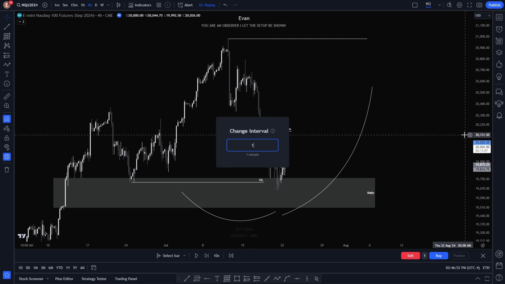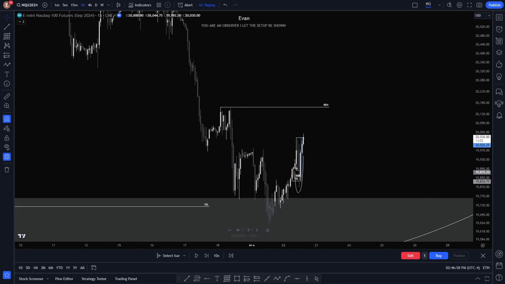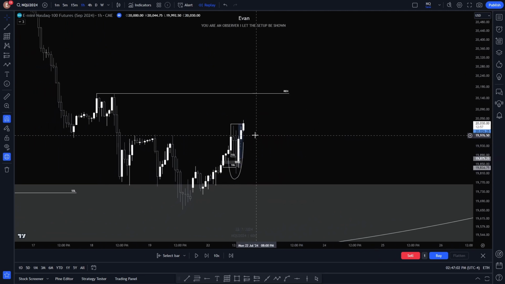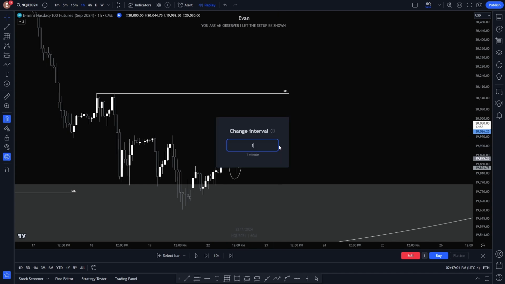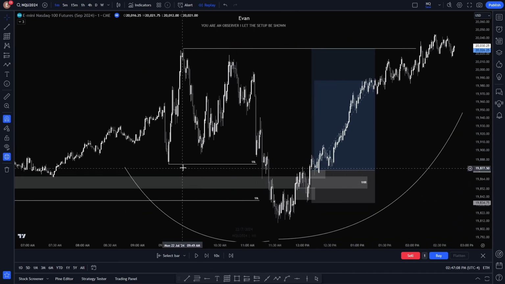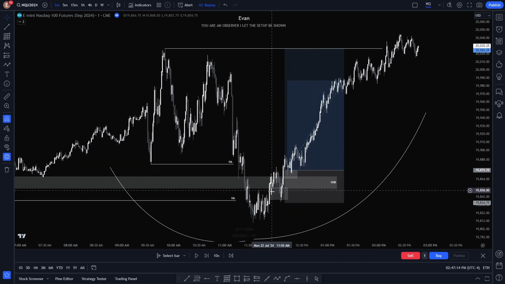I then go down to try to find a fair value gap on the smaller time frame. I then find this 1 hour fair value gap, and then I simply wait for a retracement back into it. Wait for sell side swept and internal sell side swept. And now I want to see displacement back into the range.